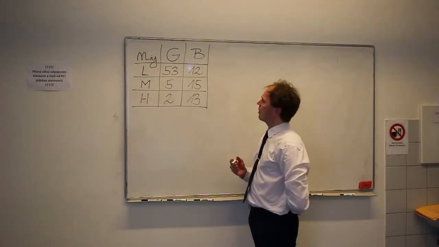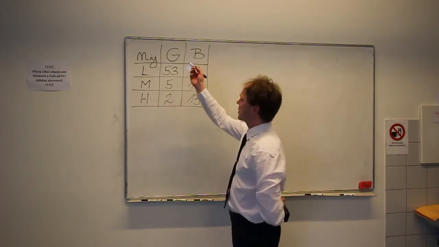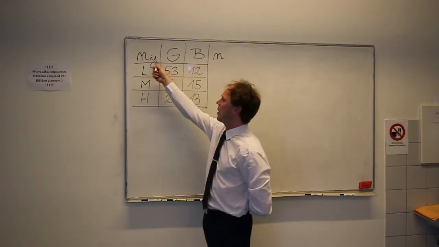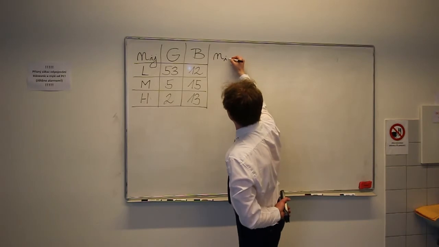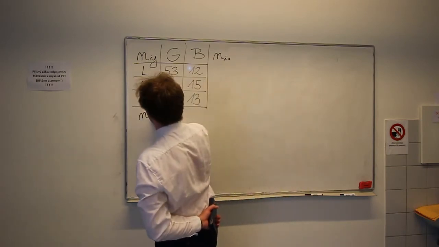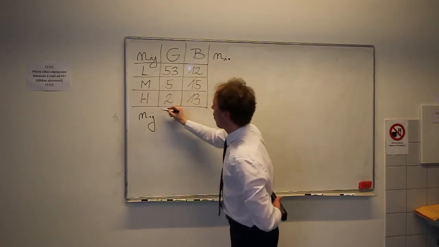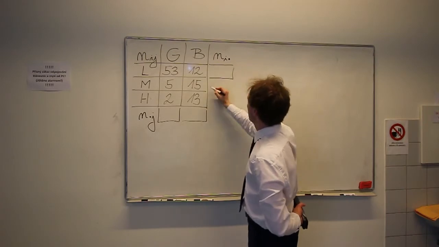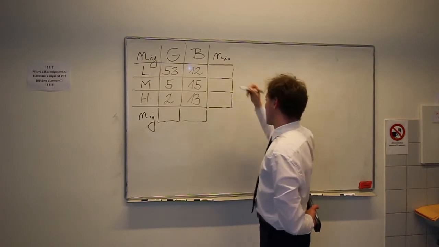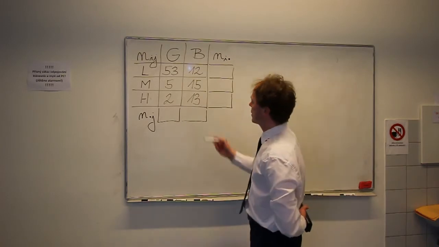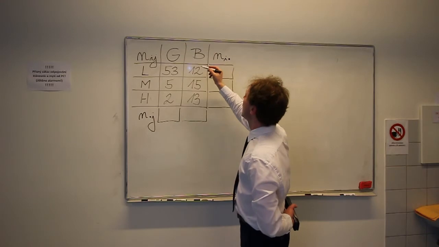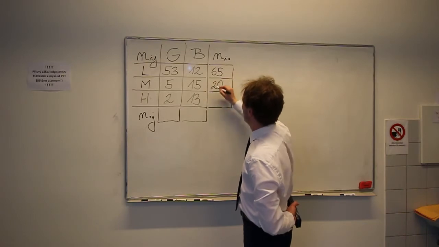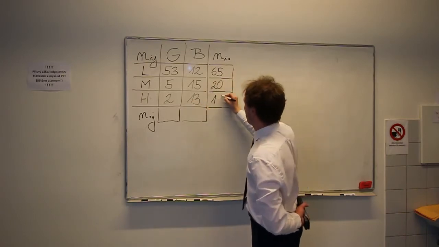As I already said, there is a table with our well-known empirical absolute frequencies, NEJ, and NE dot and N dot J are our marginal frequencies, the side frequencies calculated on the side of the table: 53 plus 12 is 65, 5 and 15 is 20, 2 and 13 is 15.